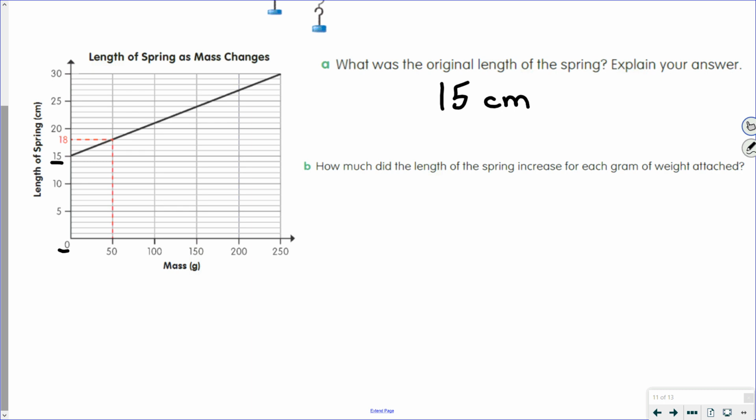Okay, so here's where you have to read this very, very carefully. We want to know how much did the length of the spring increase for each gram of weight attached. Well, right here is where we have our intersection. Now you'll notice that for the weight, it's at 50, and for the length, it's at 18.